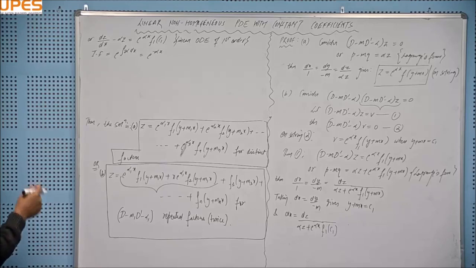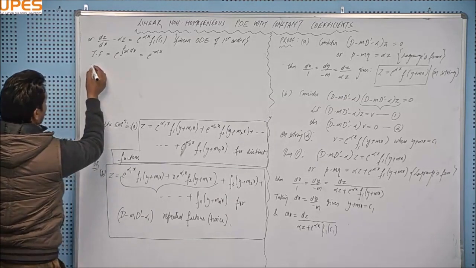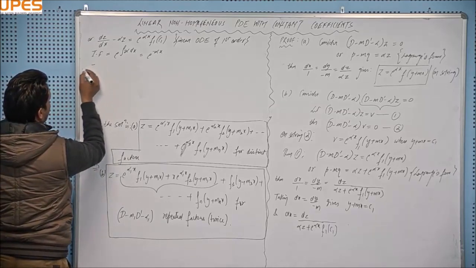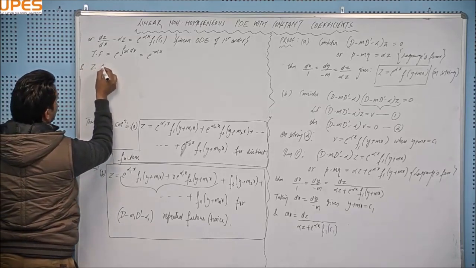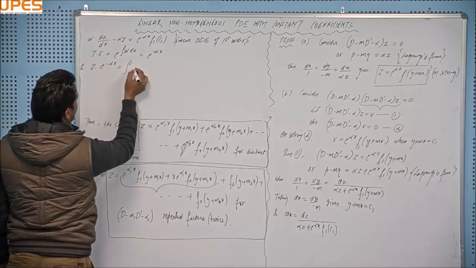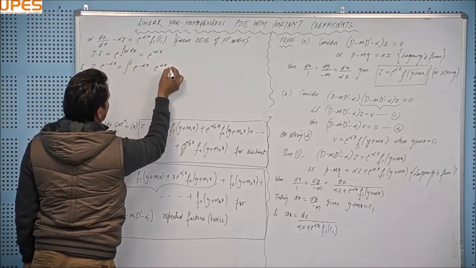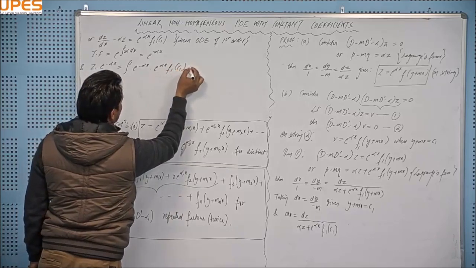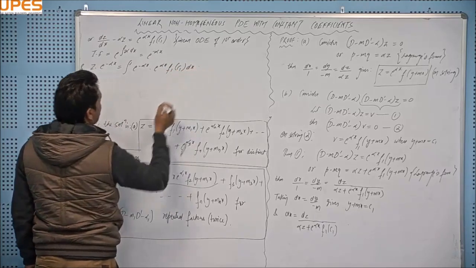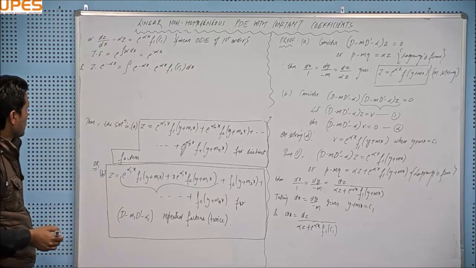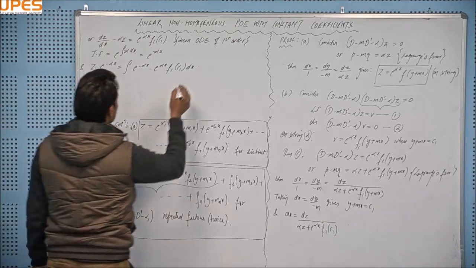Then the solution is given by z multiplied by the integrating factor is equal to the integration of the integrating factor multiplied by the right hand side, e to the power alpha x f1 of c1 dx, and we write plus c2 also. Yes, plus c2.